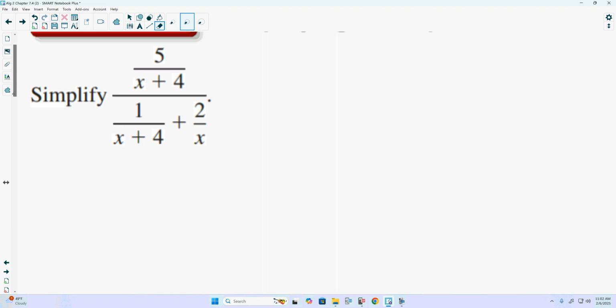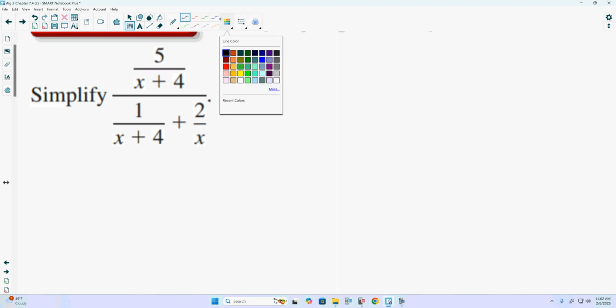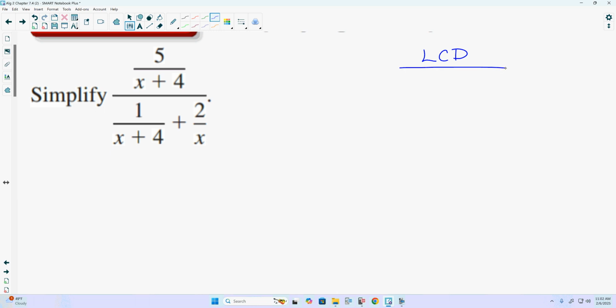First thing we're going to look for is the least common denominator between every single fraction in the top and bottom. So we have 3 terms. The denominator in the top fraction is x plus 4. Let's look at the 2 bottom denominators. One of them is x plus 4 and the other is x.